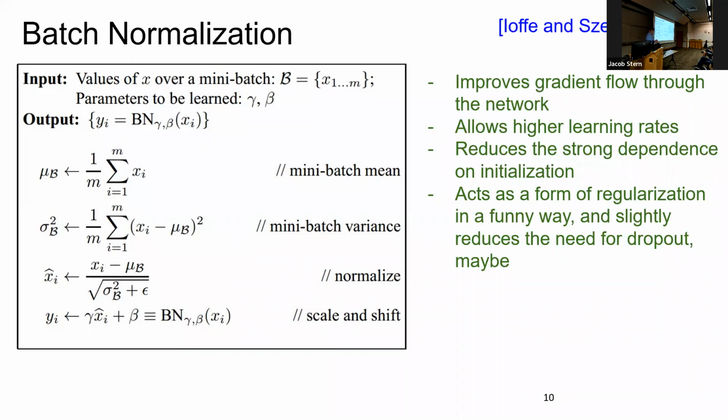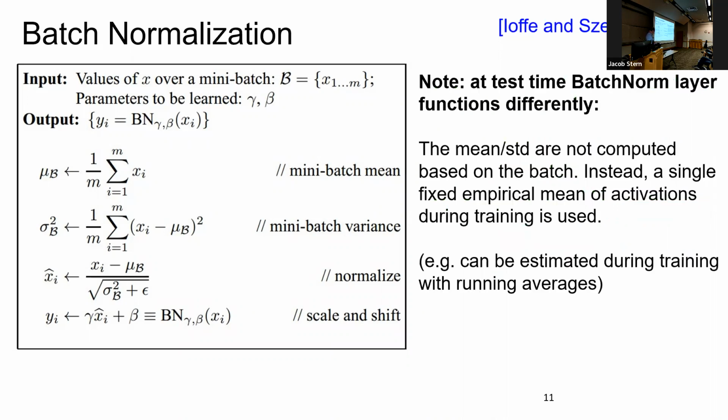And also it can act as a form of regularization, which we will discuss later in this lecture. Something to keep in mind in general as we learn about neural networks is that at training time and at test time, batch norm functions differently. At training time, we obtain our sample mean and variance from the mini batch, but at test time, we don't want to have any dependence on other data points.